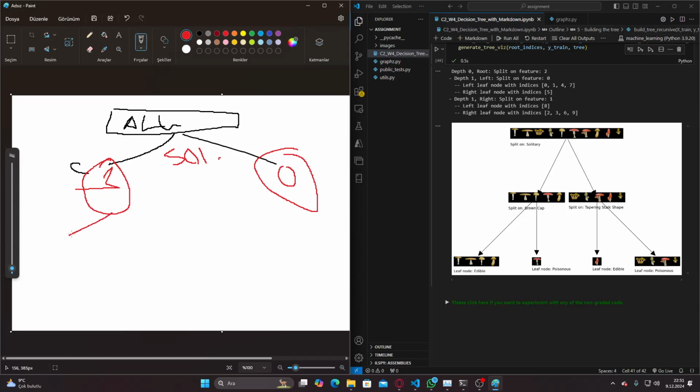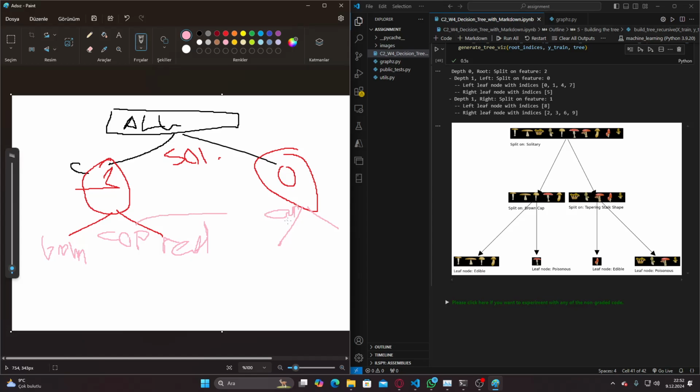And in here we are dividing by the cap. If it is brown, it's on the left side, and if it is red, it's on the red side. In here we are dividing by the color again, cap.